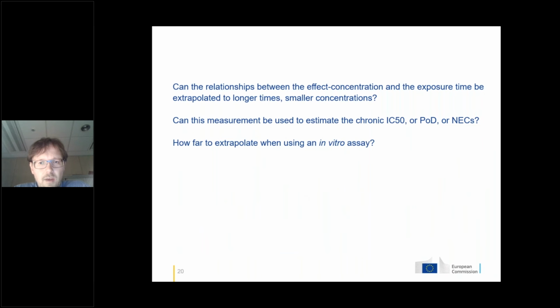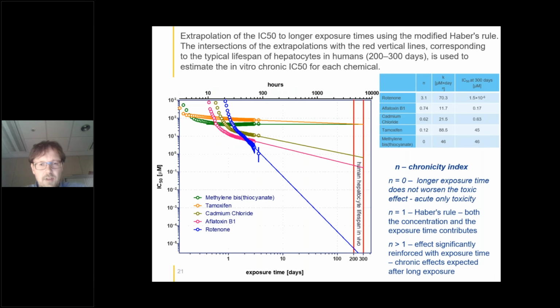And then we suggested to combine in vitro knowledge with in vivo knowledge. So it is known that in vivo human hepatocytes in healthy people with a healthy liver usually survive around 200 to 300 days.